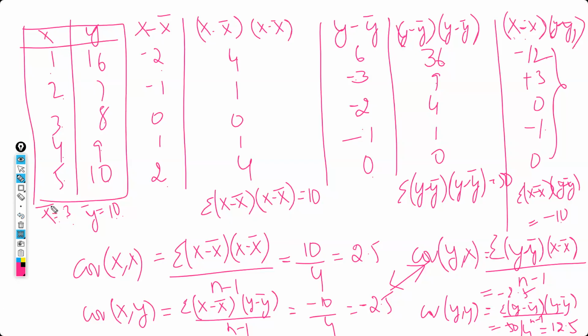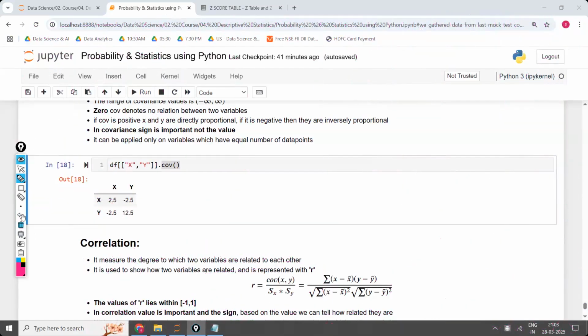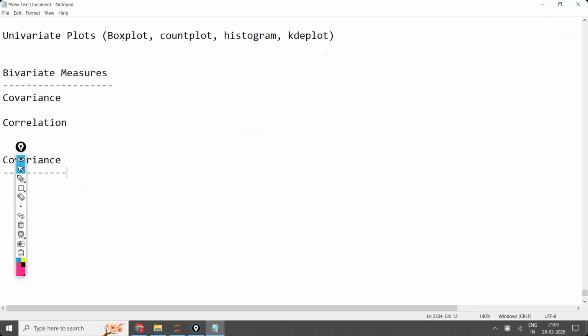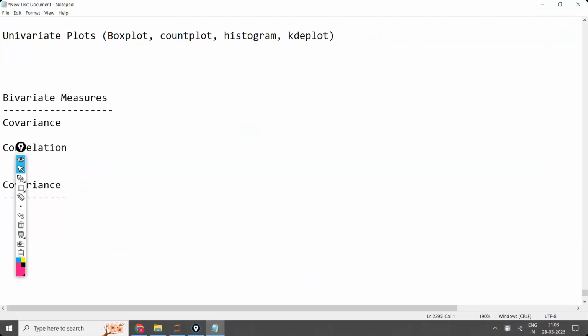Additional to that, there is an additional bumper offer. What is that offer? At 4 p.m. tomorrow you are having the exam only on descriptive statistics.